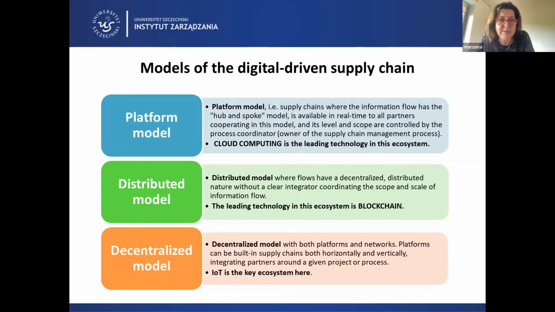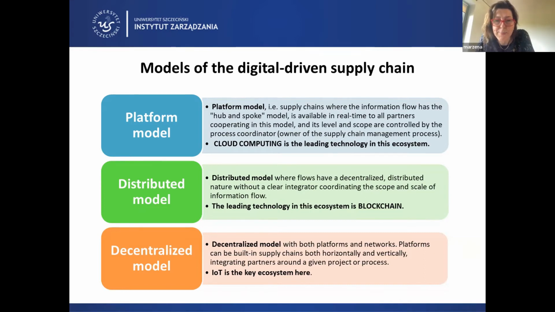The second one is the distributed model, where the flows are decentralized, of a distributed nature, without a clear integrating and coordinating party for the scope and scale of information flow. For this ecosystem, the leading technology is blockchain. Then we have the centralized model, which can also work for supply chain.